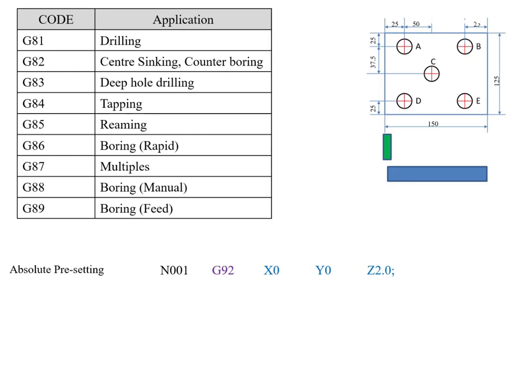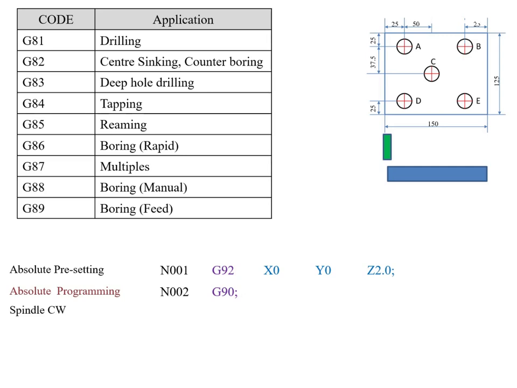Next one is absolute programming. We know that G90 is the code for the absolute coordinate system. So the next block is N002, G90. Next step is to select the tool and rotate the spindle in the clockwise direction. We know that T01 is the tool selection code and S592.